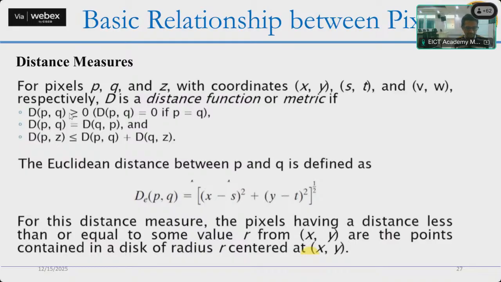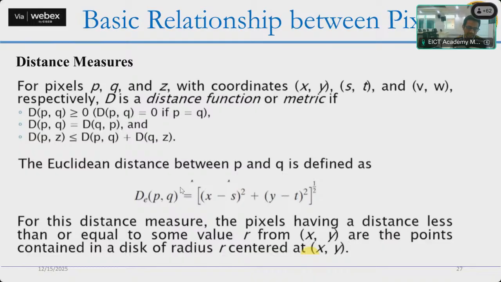if D of P, Q is greater than 0. So what has been shown here is the criteria we are defining. The Euclidean distance between P and Q is defined as this one, the distance between the two pixels P and Q. What is the distance?